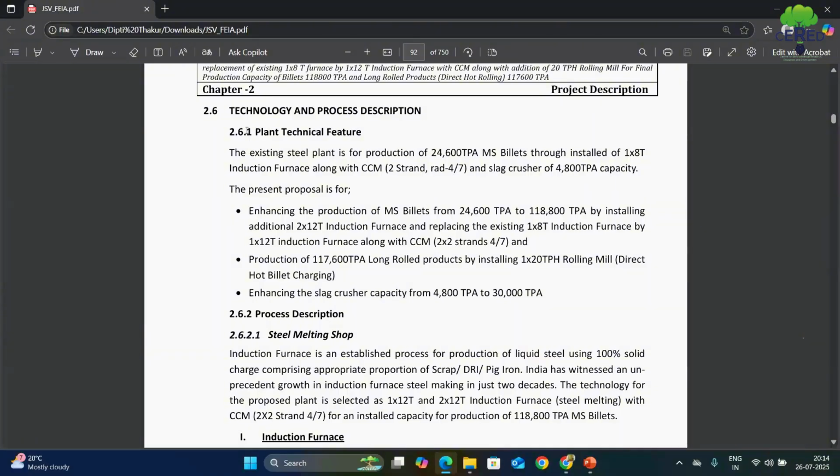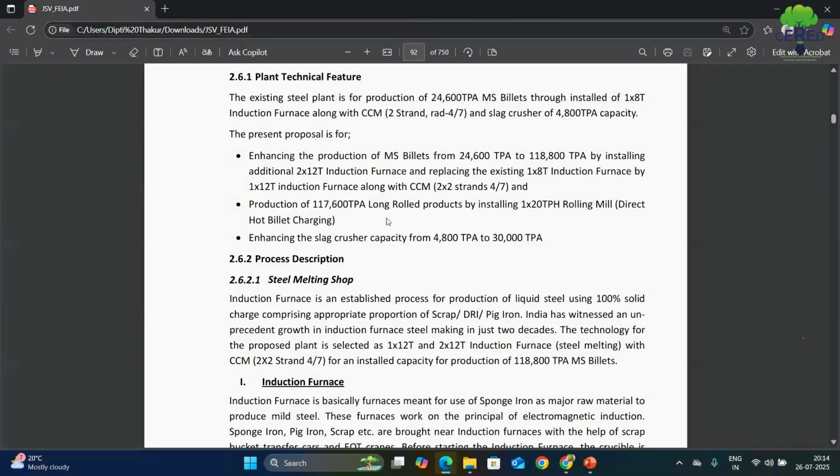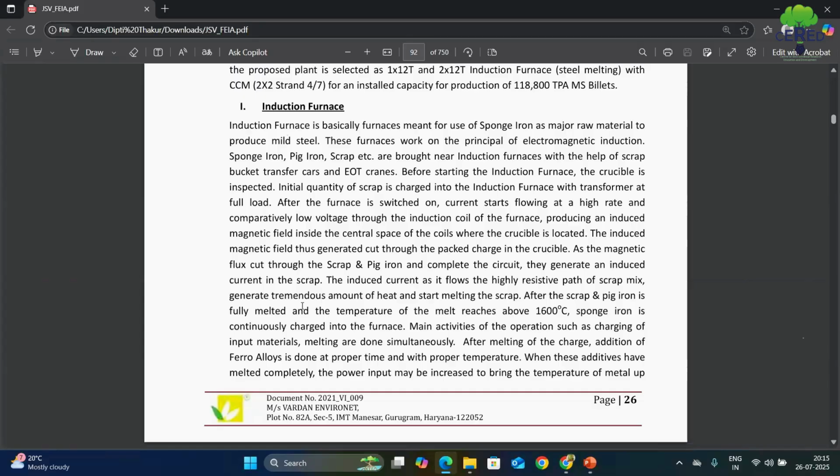Okay, now next we go to the technology and the process description part, which is a technical part of the project site or project configuration, where the full process description of the plant is given in this section. They have installed the SMS, which is a steel melting shop, so induction furnace is required.